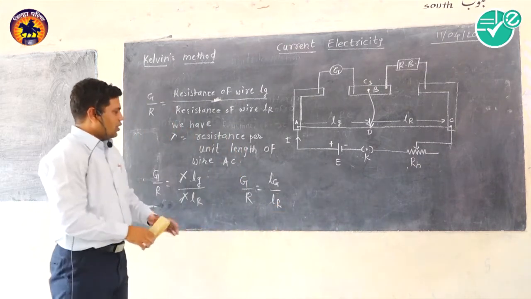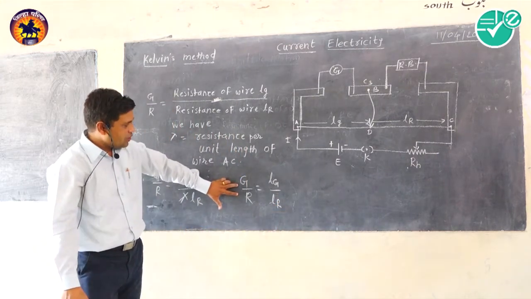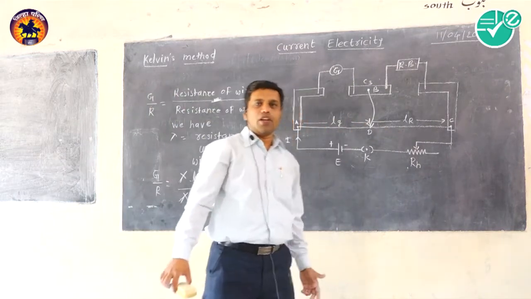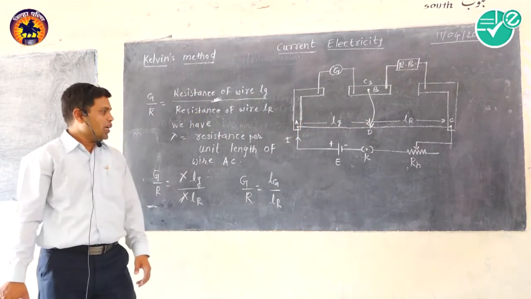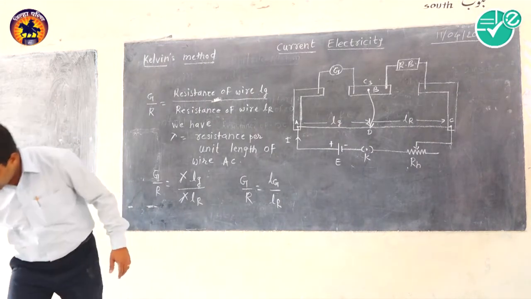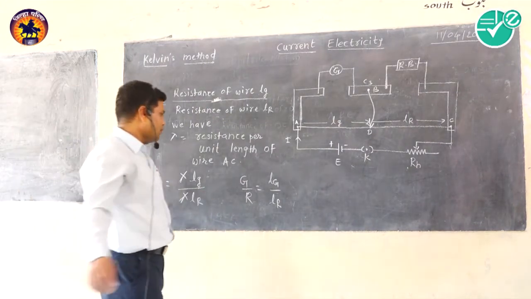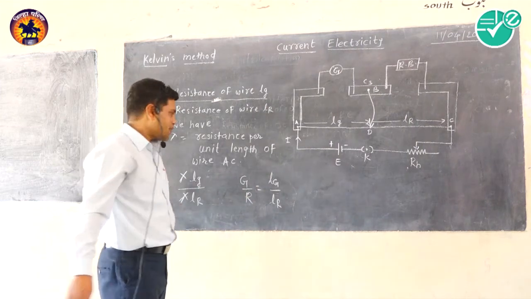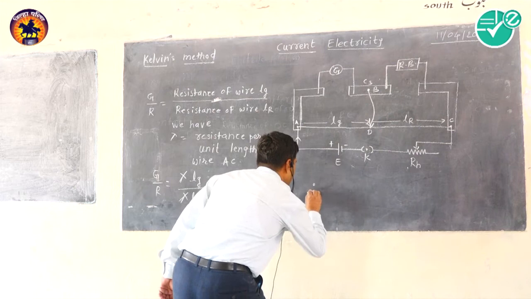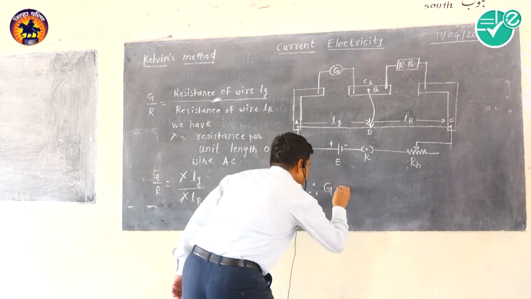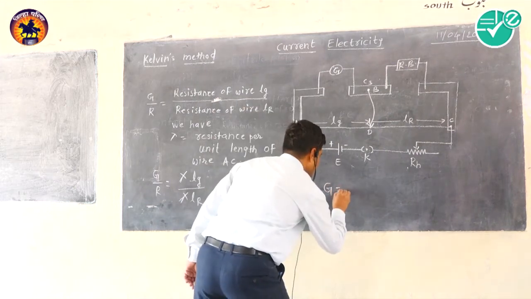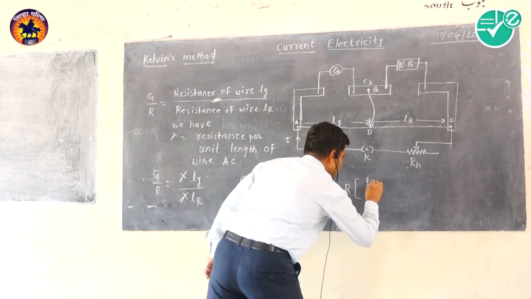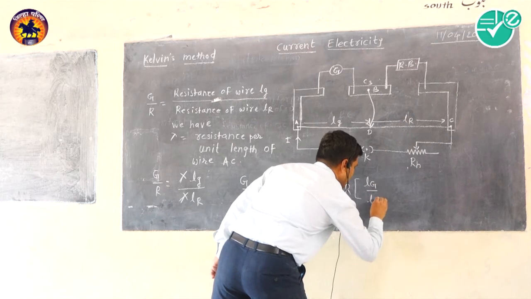Means the ratio of these two resistances will be equal to the ratio of these two lengths, LG by LR, for Kelvin's method. Here, to calculate the resistance of the galvanometer, we just take R on the right hand side, and therefore we will get the equation G is equal to R (LG by LR).